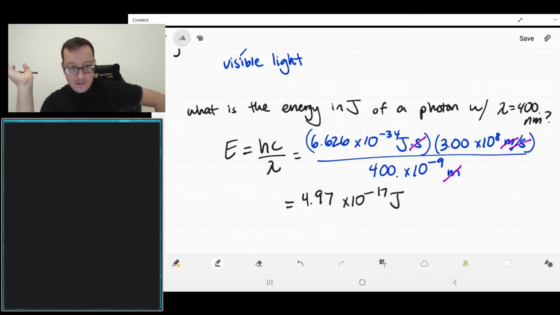Well, this is one particular photon. Very often, we don't deal with just one. Just like we don't deal with one atom at a time, we deal with many, right? Moles of atoms. So sometimes it's important for us to say, okay, well, what's the energy of a mole of these?